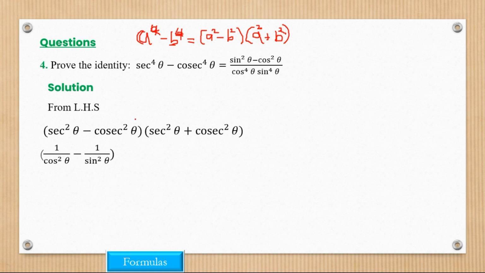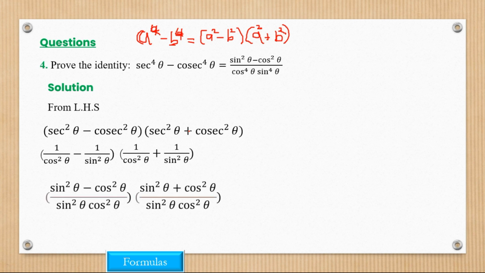We are going to transform these and express them in terms of cos and sine. So sec squared theta is the same as 1 over cos squared theta minus 1 over sine squared theta, and the same thing happens to this other side. Next we can get the LCM here.